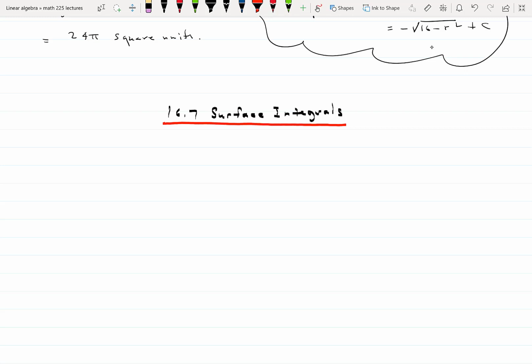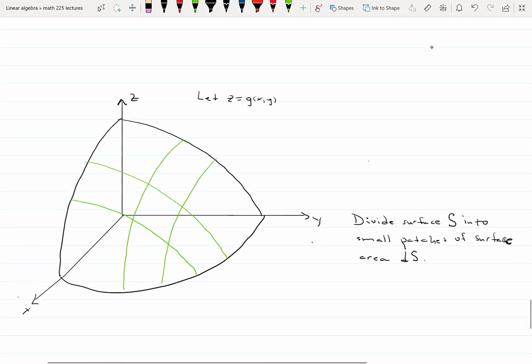In fact, the integral that we get for surface area is a special case of a surface integral. It is actually a surface integral. Very much like the arc length of a portion of a curve is a special case of a line integral. Okay, so let's define a surface integral more generally. We start out with the same picture.